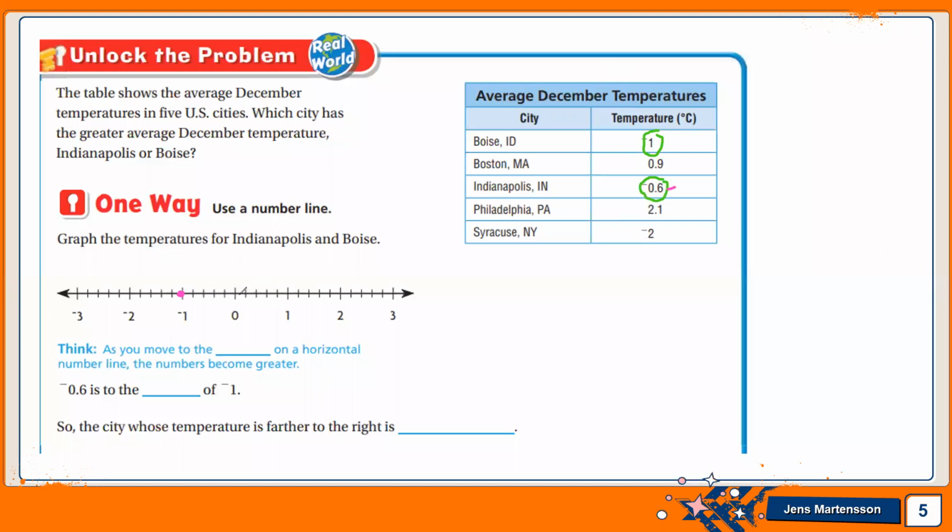So 0, -0.2, -0.4, -0.6. So here is -0.6 and here is -1. Then, as you move to the right of the horizontal line, the numbers become greater.